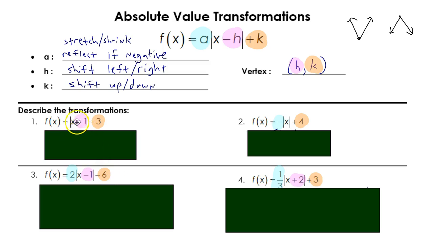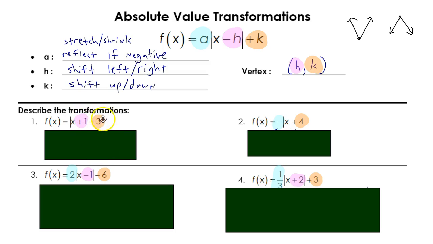The plus 1 here is inside the absolute value symbols, and you will note that like other functions that we've looked at, like quadratics and exponential functions and logarithmic functions, this plus or minus inside the absolute value symbols is going to be the opposite direction of what it looks like, because in the base formula up here, it's minus h, and that minus sign is always going to change the value to the opposite. So this plus 1 is actually a shift to the left 1.